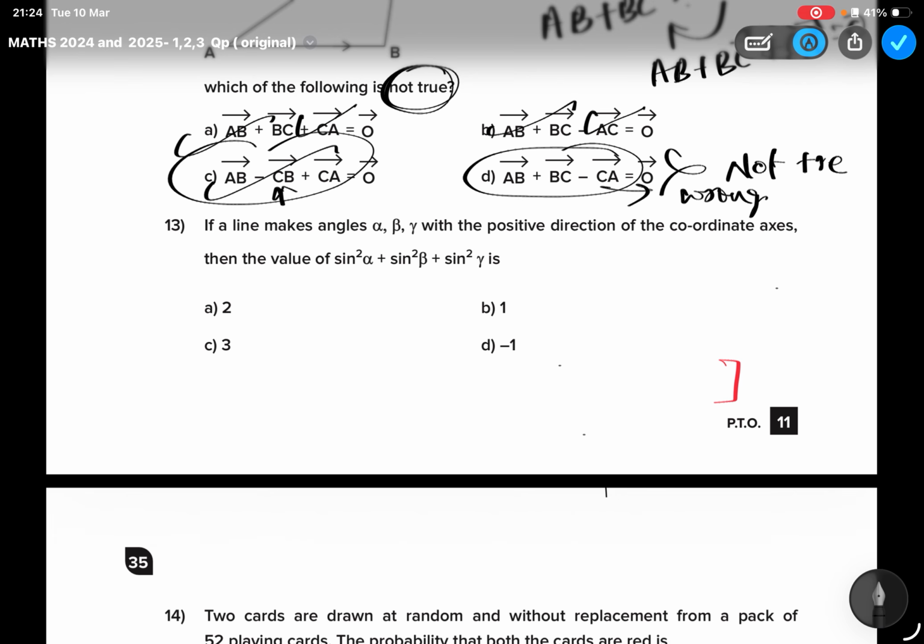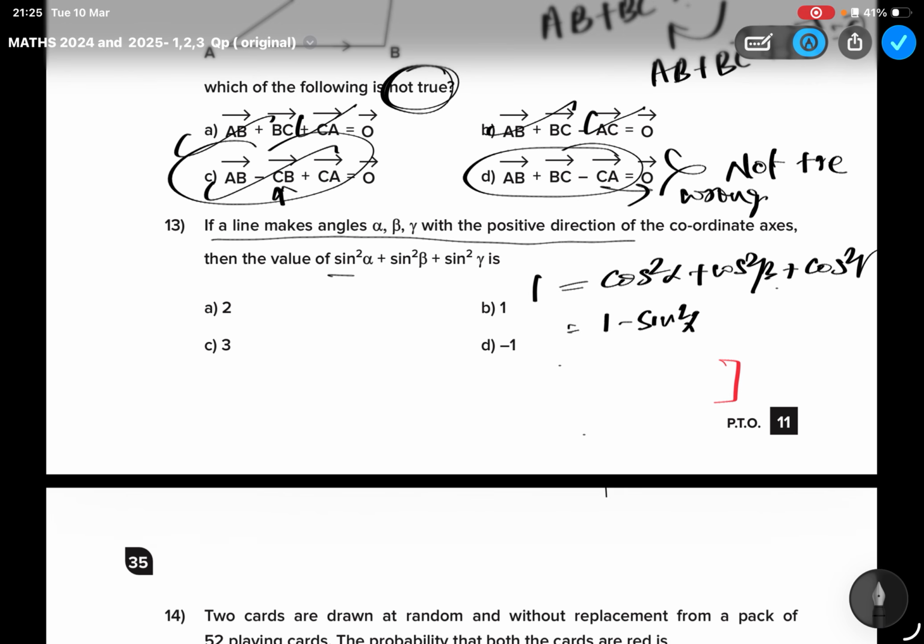And here it is very simple. If a line makes angles alpha, beta, gamma with the coordinate axes, we already know cos square alpha plus cos square beta plus cos square gamma is equal to 1. And we know cos square in terms of sin square, very simple: 1 minus sin square, 1 minus sin square, 1 minus sin square. 1 plus 1 plus 1 is 3, and sin square alpha plus sin square beta plus sin square gamma.